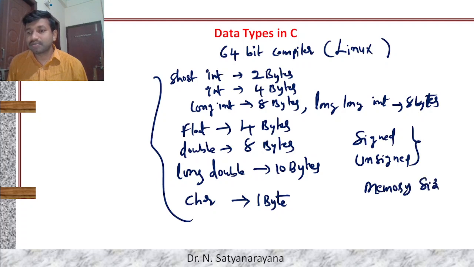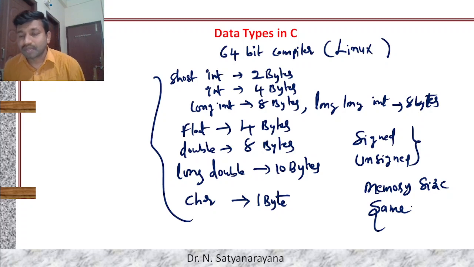Memory size is same. The only thing is that for signed numbers, we use 1 bit of memory to reserve the sign. Signed numbers are represented using one of the most significant bits of the memory representation to indicate whether the number is positive. Sorry, 0 is for the positive and 1 is for the negative.